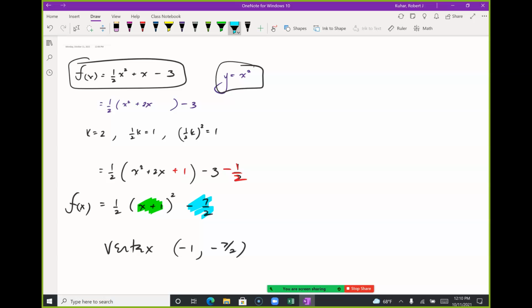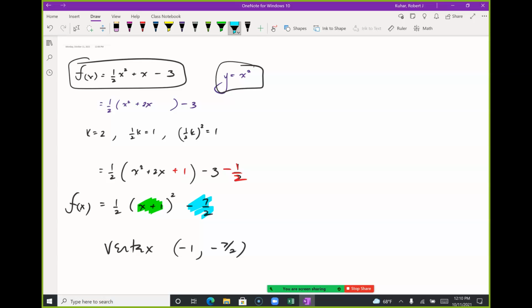So you did the opposite. You kept the x and you switched the y. That's all. Oh, I see. And then you didn't get your vertical stretch. Oh, you're confusing the words, that's all.